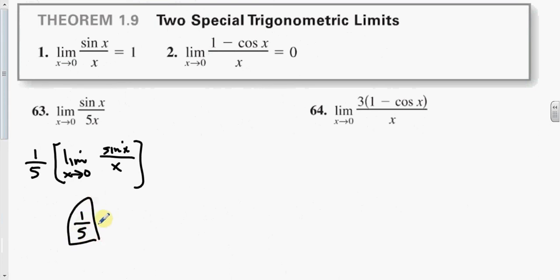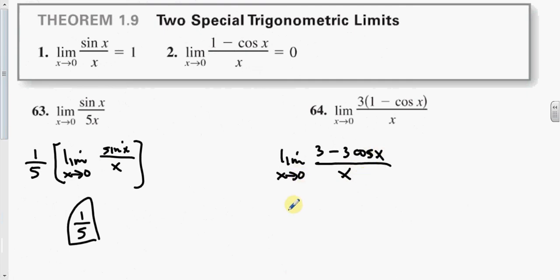Now this one we can break up into two parts. If you think about this, this is the limit as x approaches 0 of 3 minus 3 cosine x all over x.